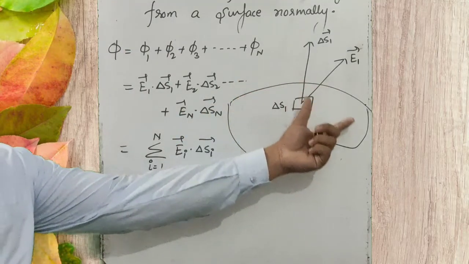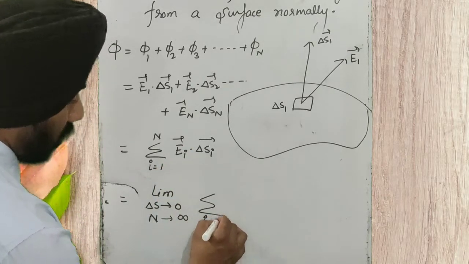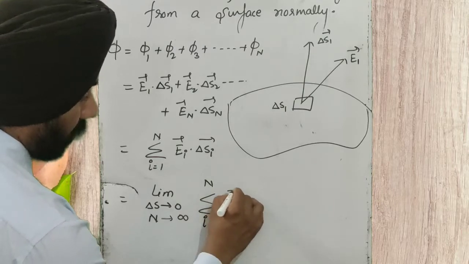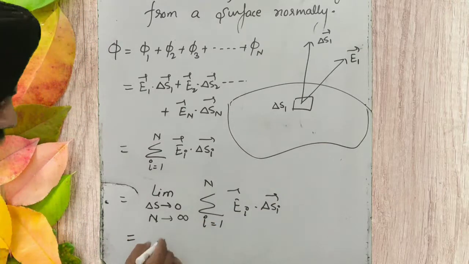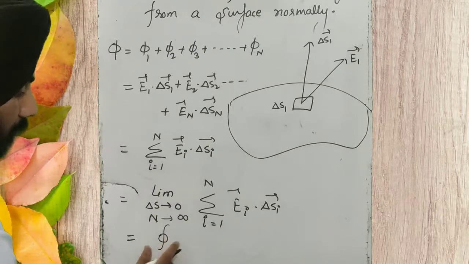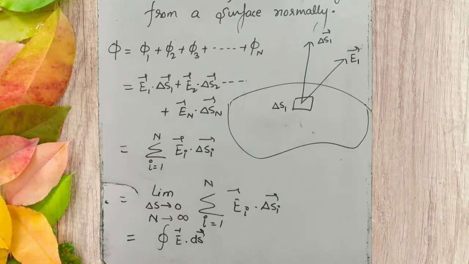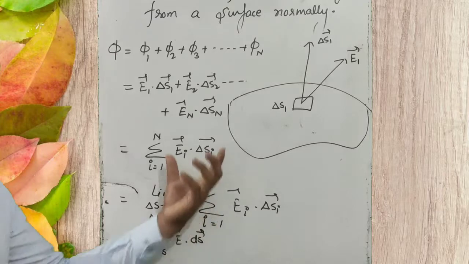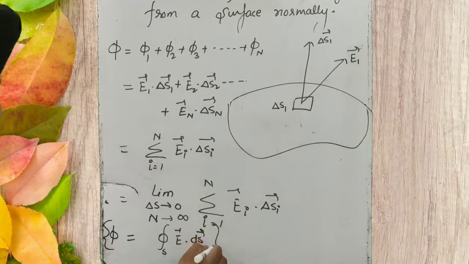The expression was the sum over i from 1 to n of Ei dot delta Si vector, and now we can write the electric flux in calculus form: phi is equal to the integral of E dot dS.